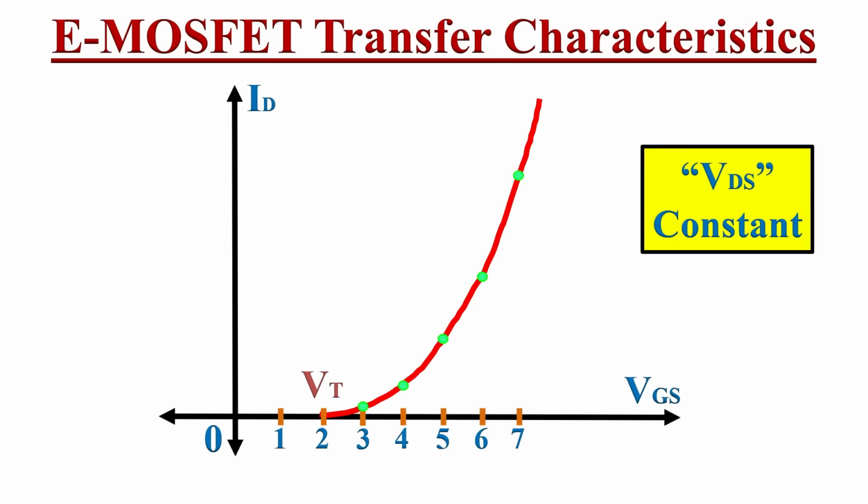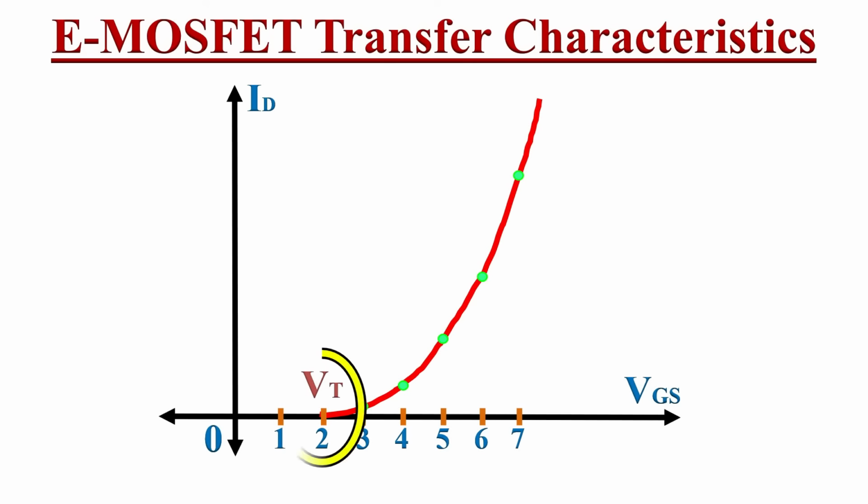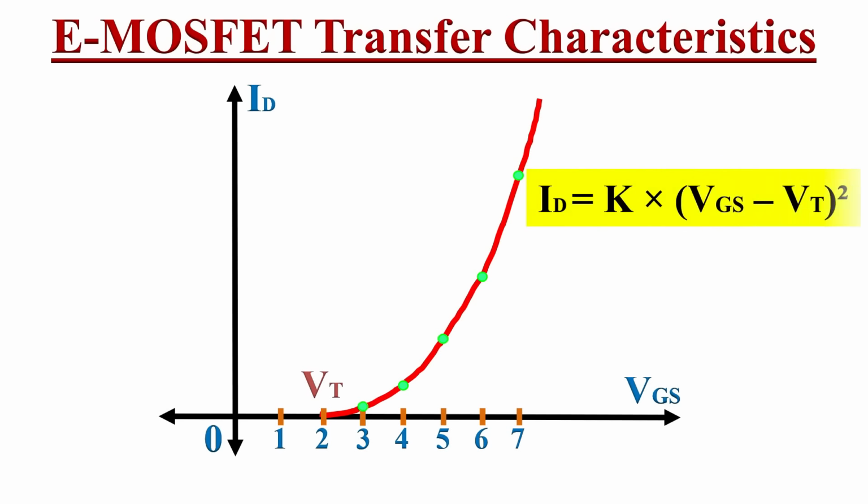Here the drain voltage VDS is kept constant, and we can observe that until VGS reaches the threshold voltage, the drain current ID is 0. As we increase the gate voltage VGS, the drain current ID will also increase. The relationship between ID and VGS can be given by the expression ID equals K times (VGS minus VT) whole square.